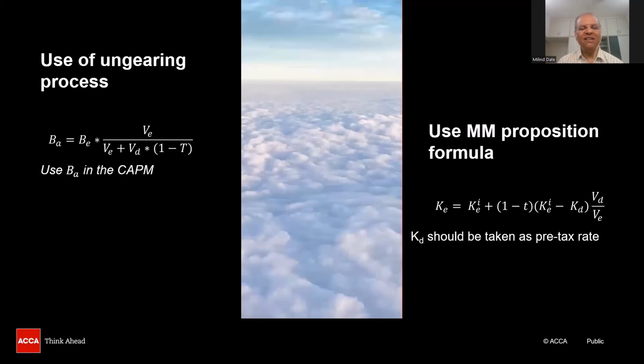The reason is you're already multiplying this by 1 minus T. So if you take here the post-tax and again multiply the bracket with 1 minus T, you will be double counting taxation. So this tip, please remember very, very carefully.